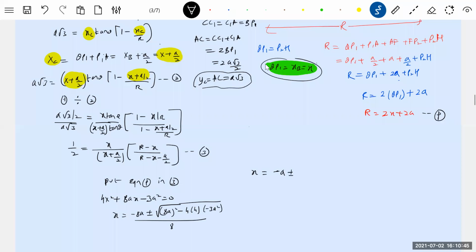Minus a plus or minus 1 by 8, 64a square, 4 4s are 16, 16 3s are 48, 48a square. A will come outside, so minus a plus or minus a, 64 minus 48, 36, 6 will be minus of minus plus, no, this is.